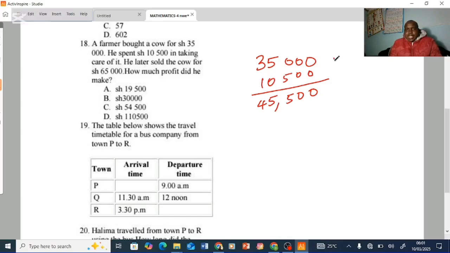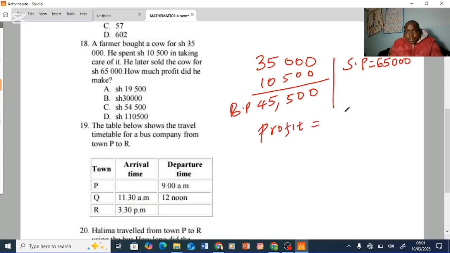Now he has sold it. So this is the buying price, and the selling price is equal to 65,000. So profit equals selling price minus buying price.